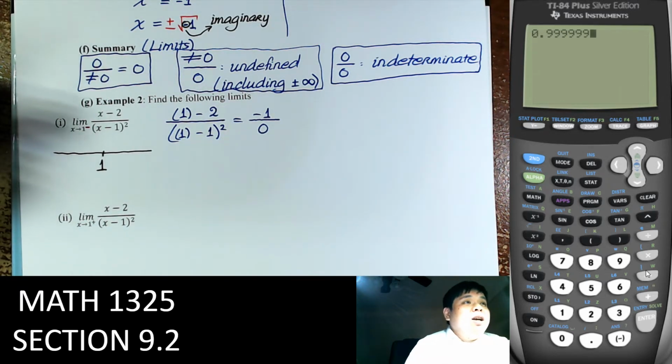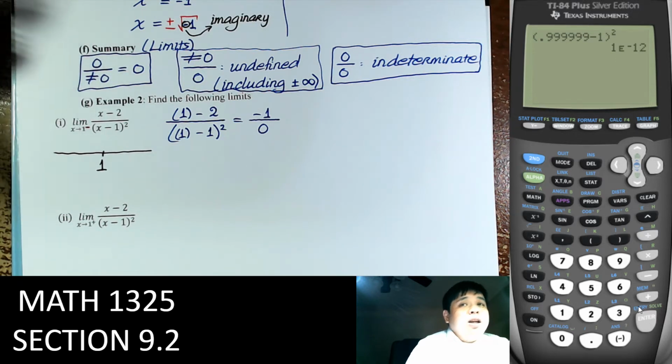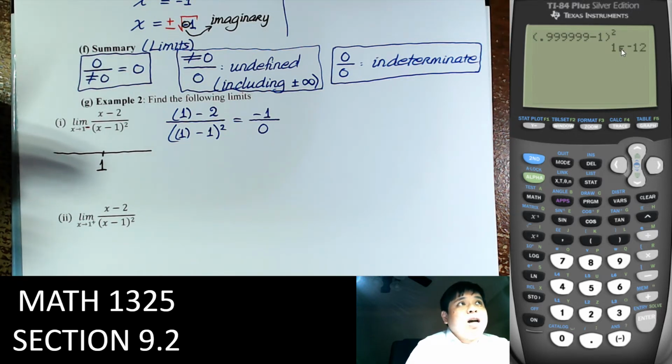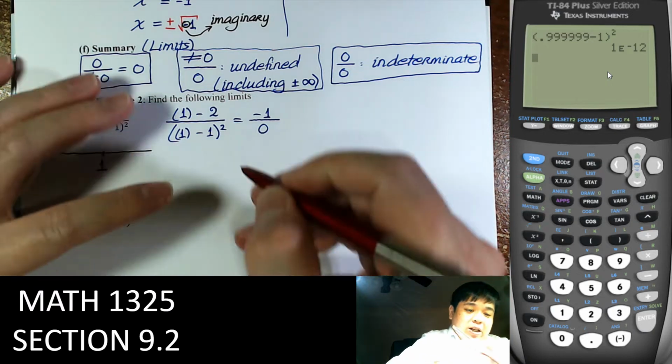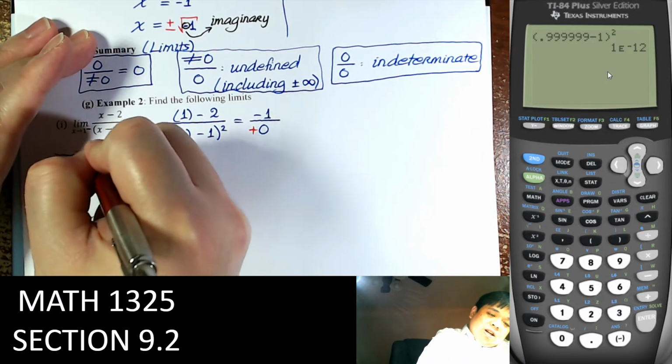And we just evaluate, and we subtract 1, and we square it. It's going to be a very small number, 1 times 10 to the negative 12. It's still 0, but it's going to be positive if it goes from this side.